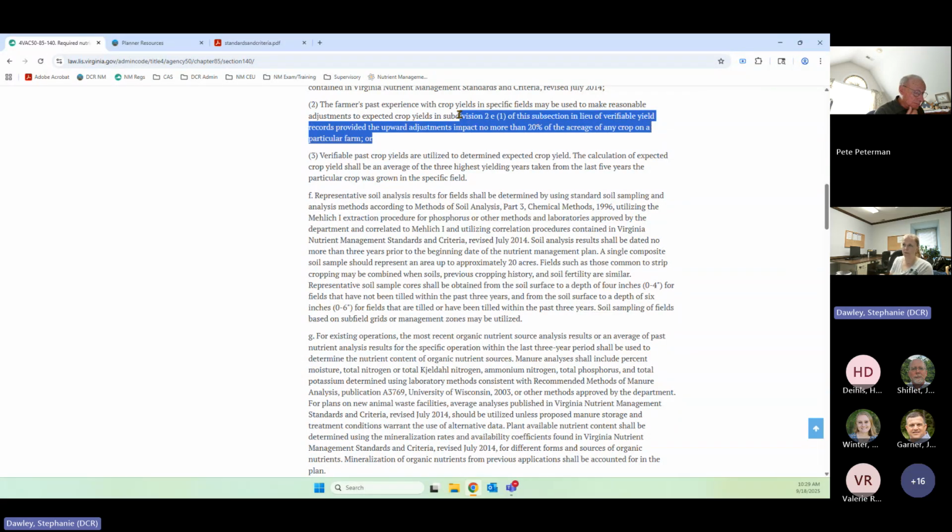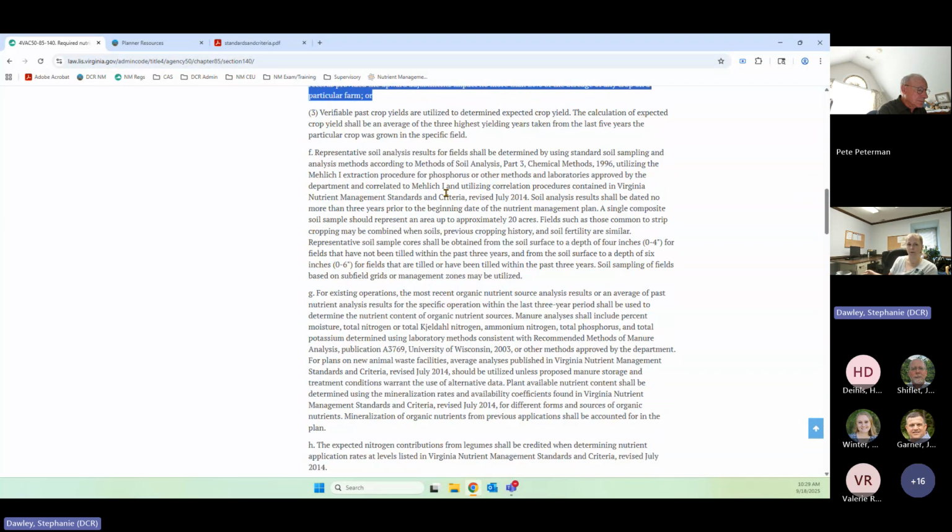If that's within a 20% increase of that yield, you can potentially adjust it that way before you hit this 3 out of 5 highest years. If they're doing a big rotation, if it's just corn on corn on corn or beans on beans on beans, you can hit that 3 out of 5 much faster.